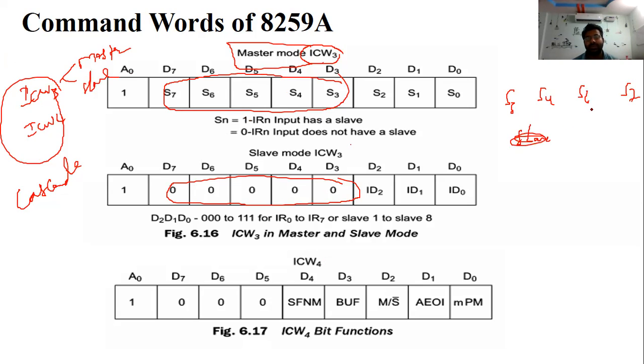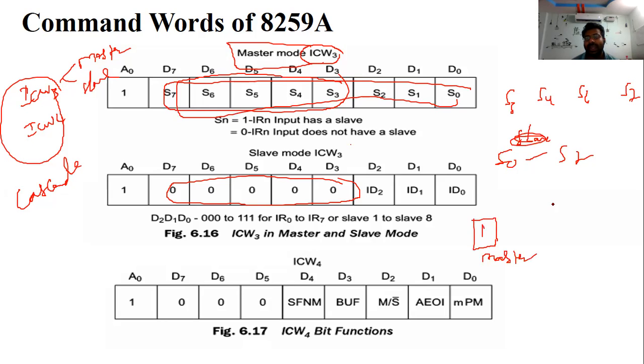So slave devices, S0 to S7, these are the 8 devices. In cascading mode you have one master. Remember, one master device controls the 8 slave devices, and each slave device is connected to 8 interrupts.